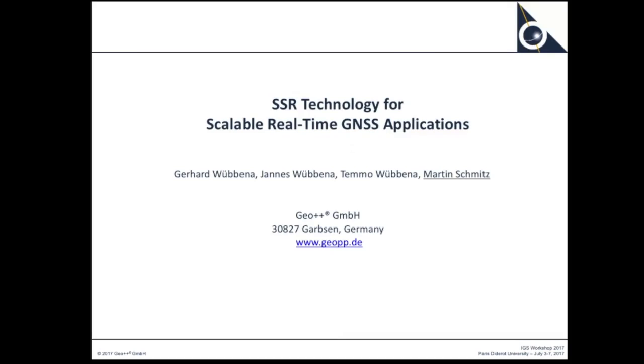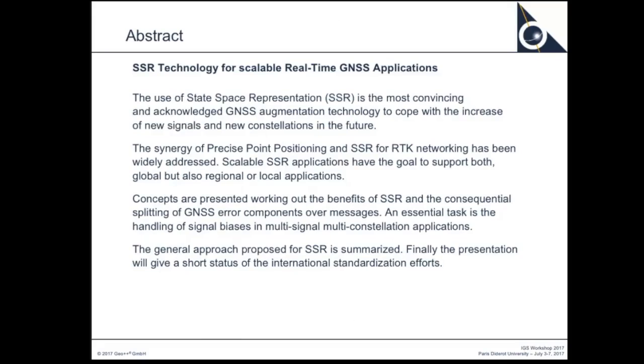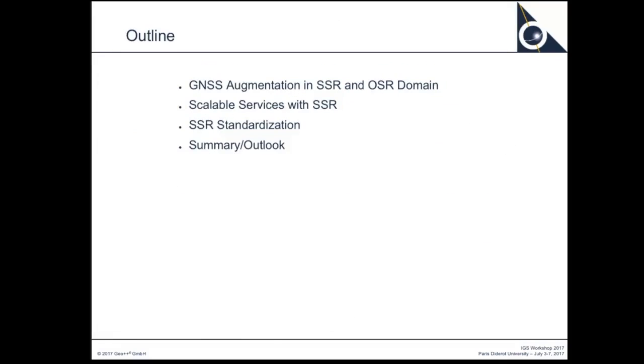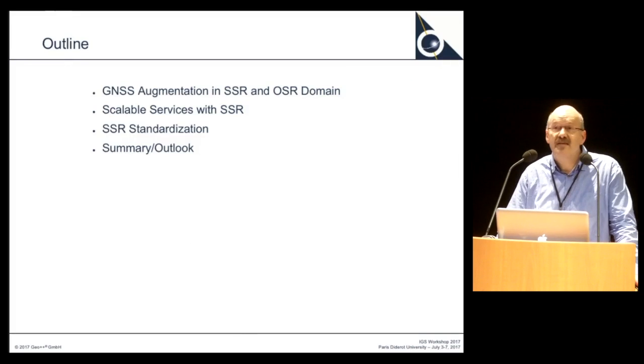There are several co-authors of the same kind and myself who did the presentation. So this is the outline. I will roughly talk about the differences between GNSS augmentation in the SSR and OSR domain. I want to elaborate a little bit on the advantages and benefits of SSR technology for real-time services.